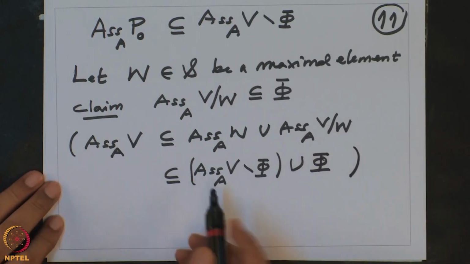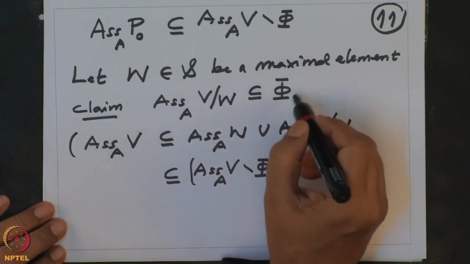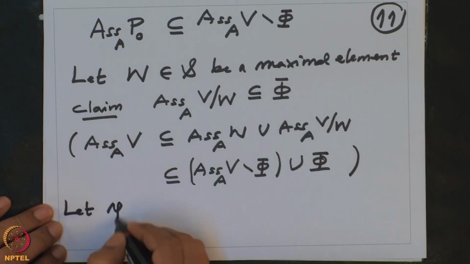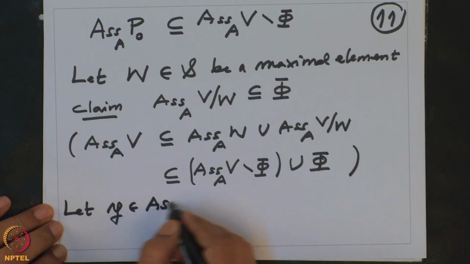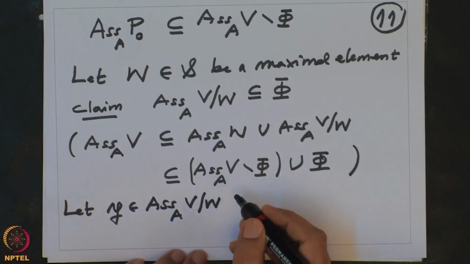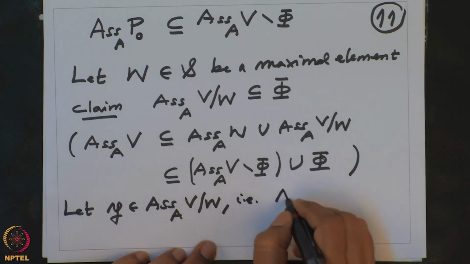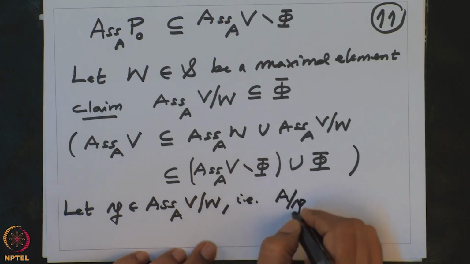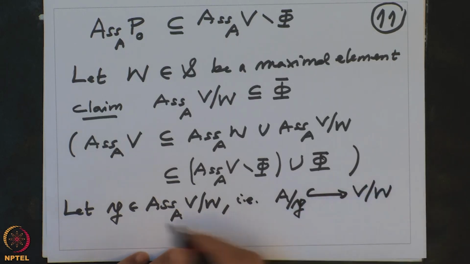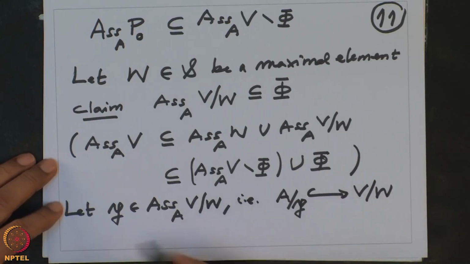Alright, so we have to prove this inclusion, this is what we need to prove. So let P be an associated prime of the residue class module. That means there exists an injective module homomorphism from A by P to V by W, because this P is an annihilator of some element, so that will give you this inclusion.